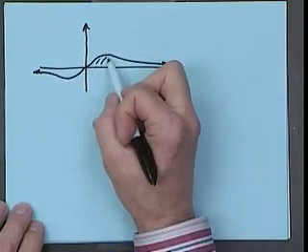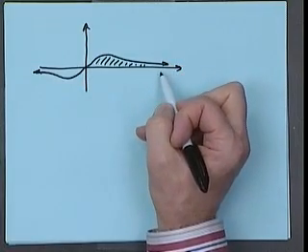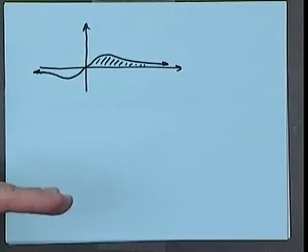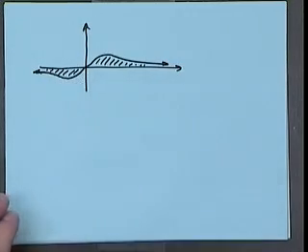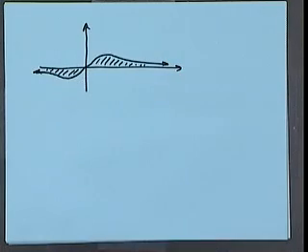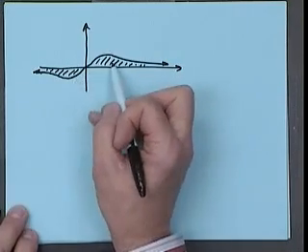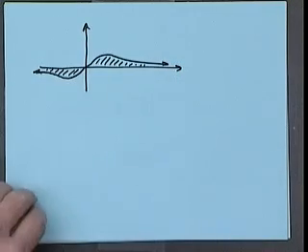And this, in essence, would be positive, right? Because it's bounded between the curve and the x-axis. This region would be negative. It'd give us 0. So the net is going to be 0 if, in fact, it is a curve that looks just like this. But we do have to deal with that slightly differently.